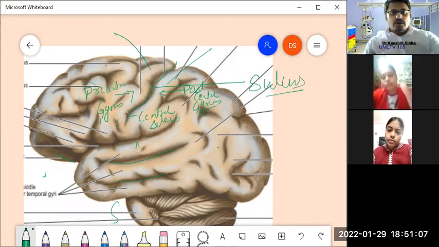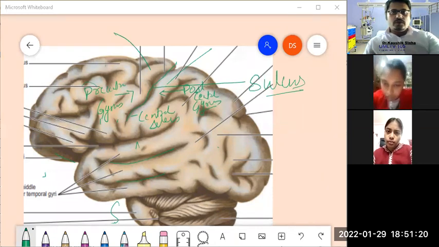In order to understand that, I will give you another view in which part of the temporal lobe has been removed. Just hold on for a second so that the particular view that I am speaking of appears on your screen.